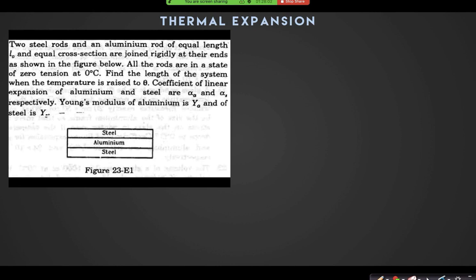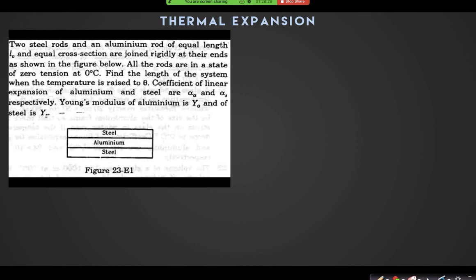YA and YS. Here these two ends are rigidly connected, but not fixed. You can assume any one of them expands more. I think aluminium will increase more, but you can assume anything; if it is not given, your answer will adjust itself.